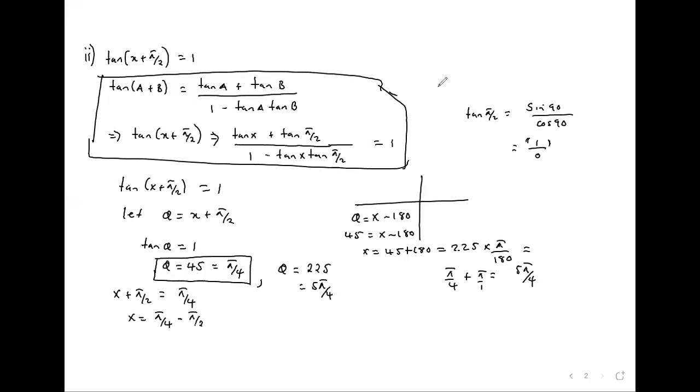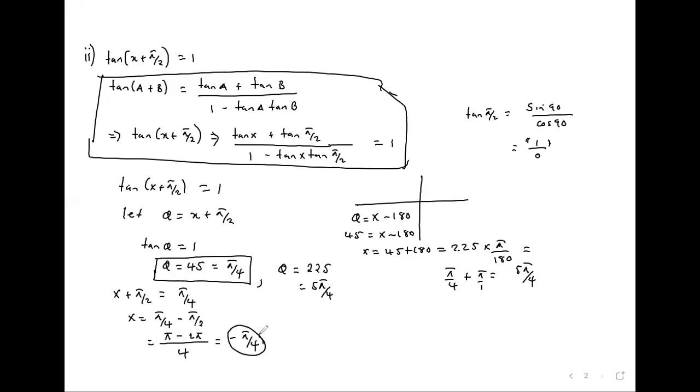So we get x plus pi over 2 and equate it to pi over 4. Now we are getting pi over 4 is equal to minus pi over 2. This gives us, 4 down, pi minus 2 pi, which is negative pi over 4.